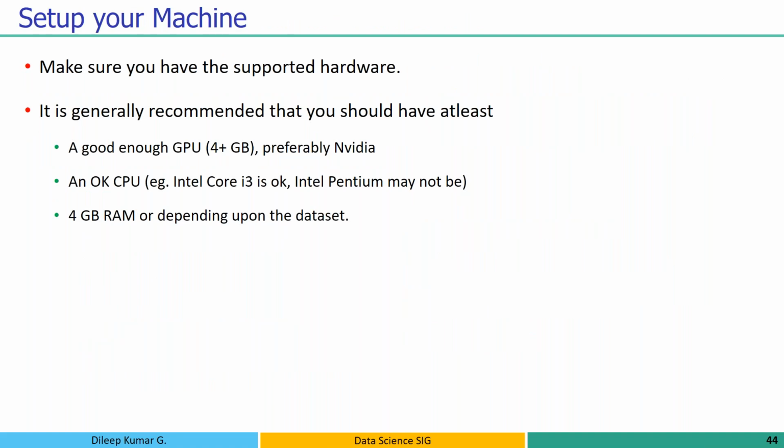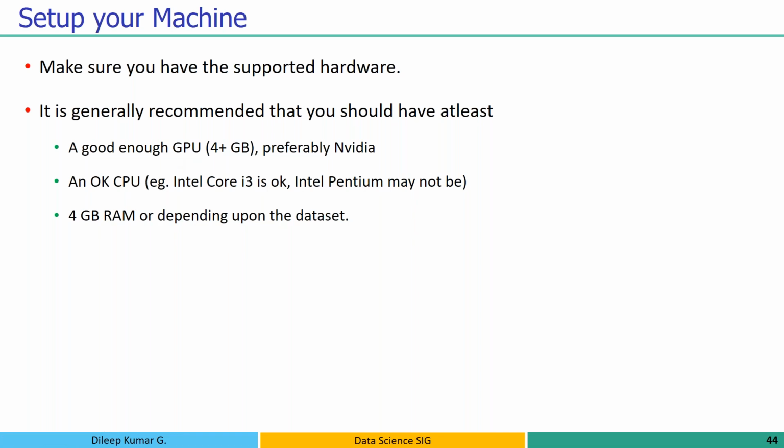And one more thing is how to set up your machine. Actually, these images work with a GPU. What is a GPU? A graphical processing unit. We have CPUs, central processing units, also.